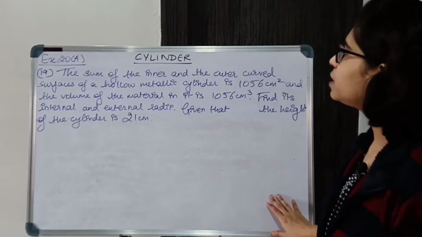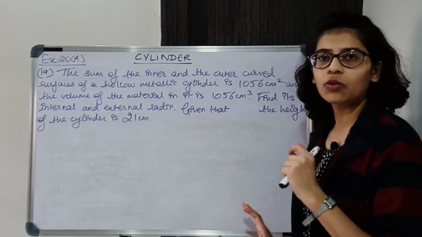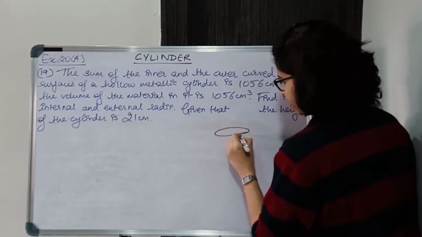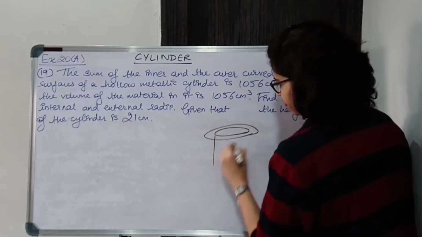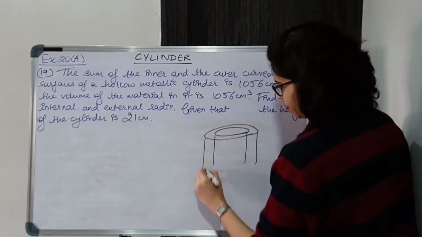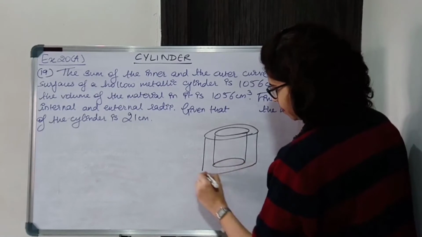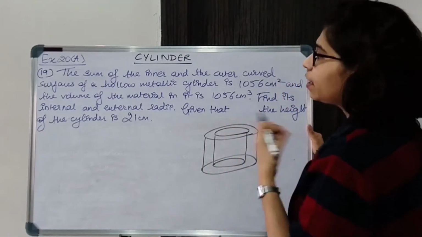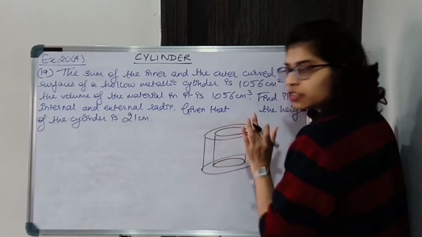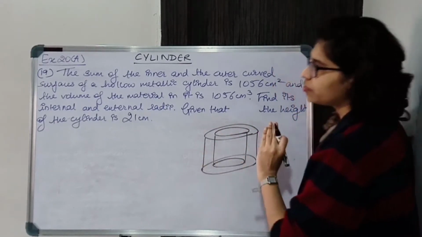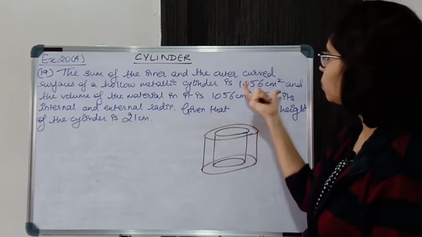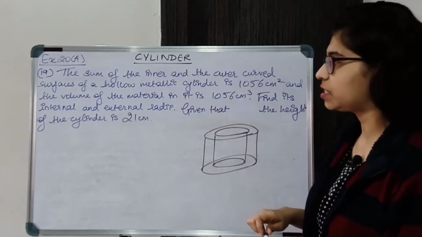Now you are given the sum of the inner and outer curved surfaces of a hollow metallic cylinder. It is a hollow metallic cylinder, and the sum of inner and outer curved surfaces. The inner curved surface area plus the outer curved surface area, when you add them, the sum of that is equal to 1056 centimeter square.